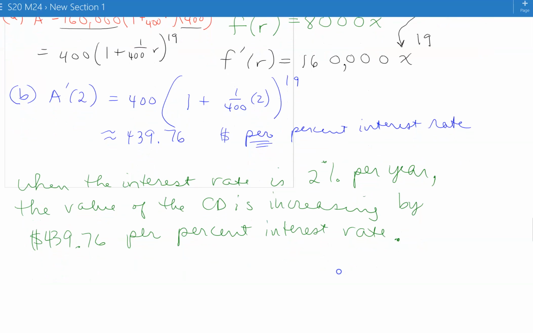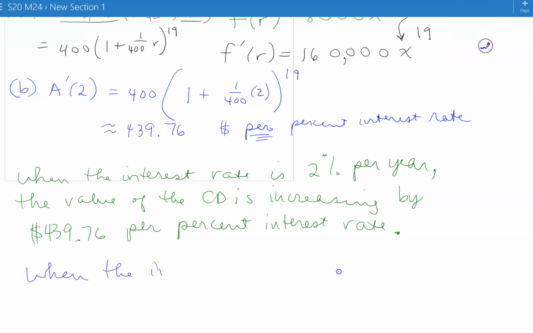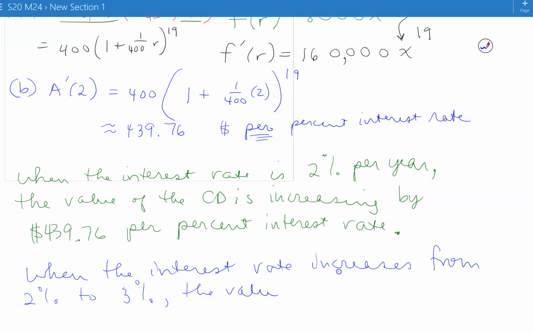So another way of saying this would be thinking of it more as marginal. You could say when the interest rate increases from 2% to 3%, the value of the CD increases by approximately 439.76.